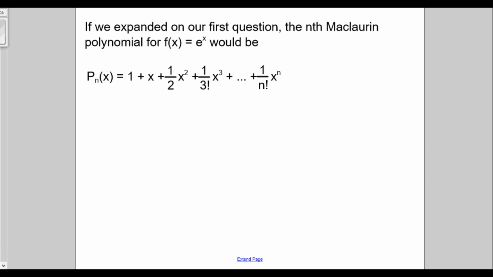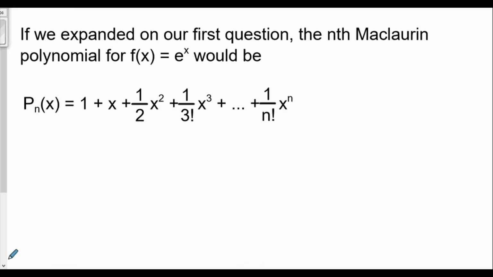If we expand our first question, the nth Maclaurin polynomial for f of x equals e to the x would be p_n of x equals 1 plus x plus 1 over 2 x squared plus 1 over 3 factorial x cubed, all the way to 1 over n factorial x to the n.